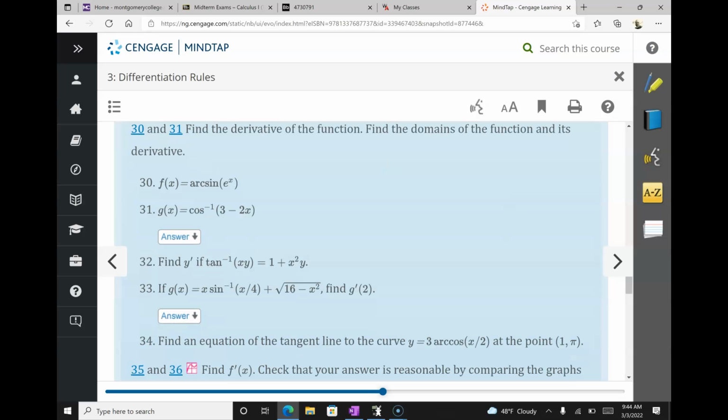Let's do 33. And it wants me to find the slope at 2, right? Okay, we ready?